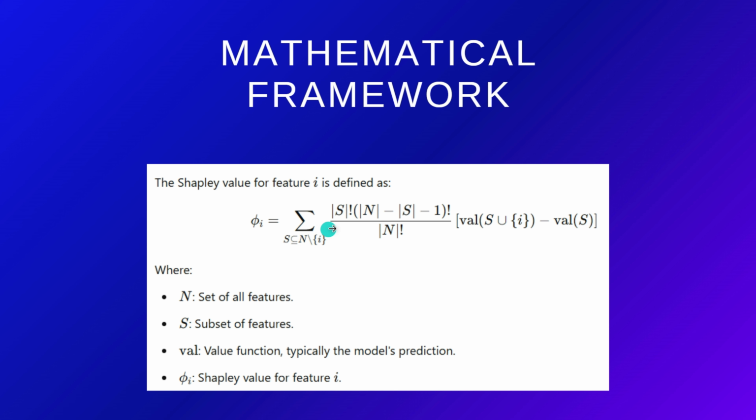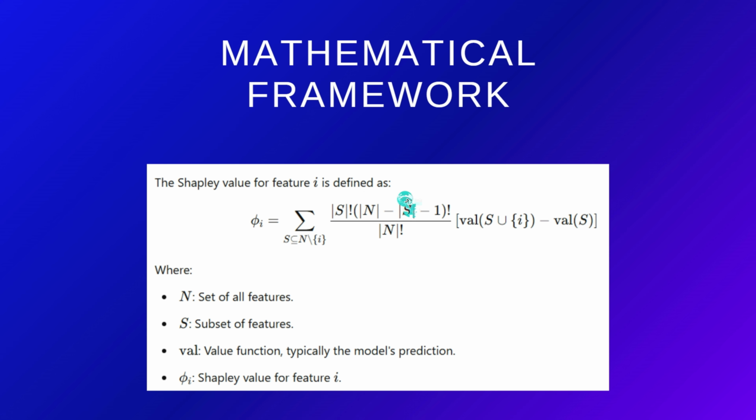And here, S factorial. You can see this is the factorial of the size of the subset S, and it represents the number of ways to arrange the features in subset S. And what is that?